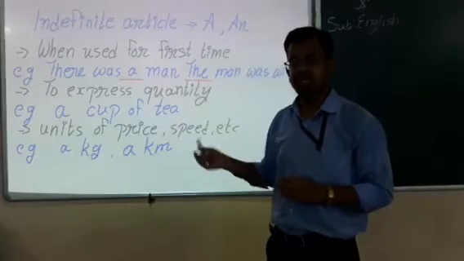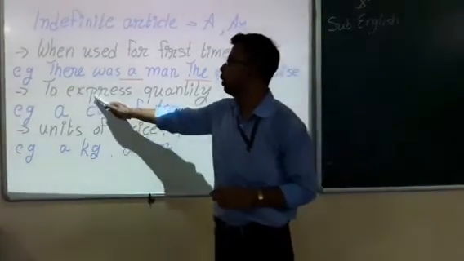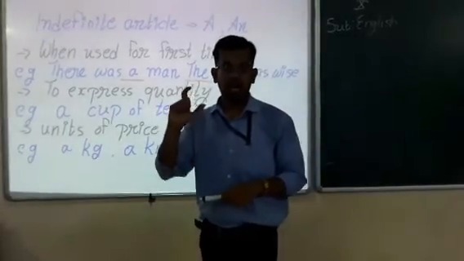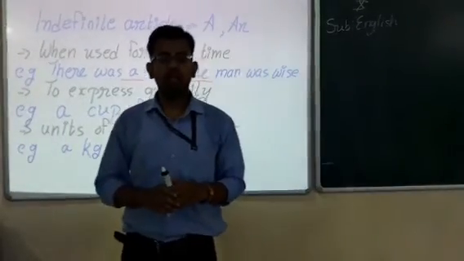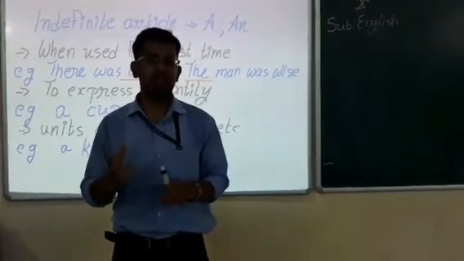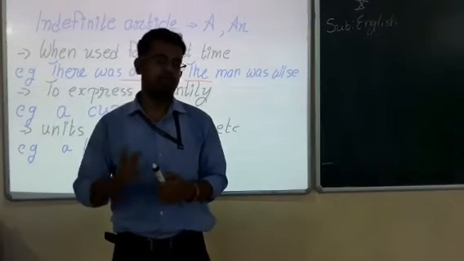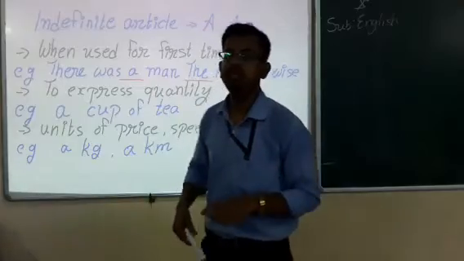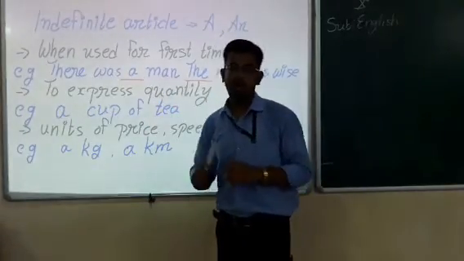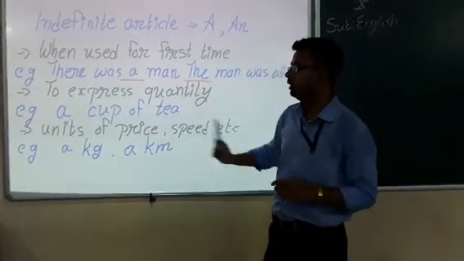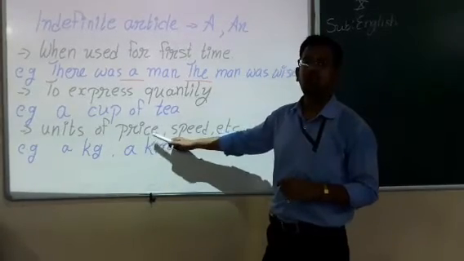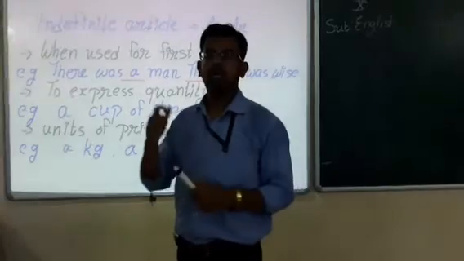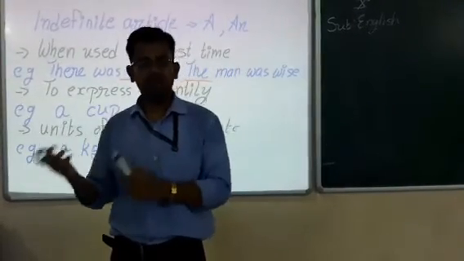Now look at the second point. To express quantity, I want a cup of tea. So here quantity is expressed. How much do I want? A cup. So whenever we express quantity, we can use a or an. Third point, unit of price, speed, etc. I want a kg of sugar.